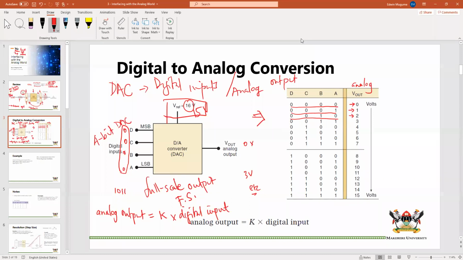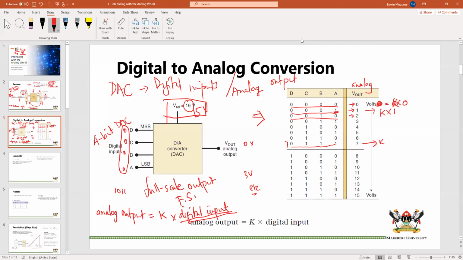So you can see that 0 on the analog is equal to K times 0. This one is equal to K times the digital input. The digital input here is 1 because the rest is 0. So K times 1. You'll notice, for instance, here, digital input is actually 7.